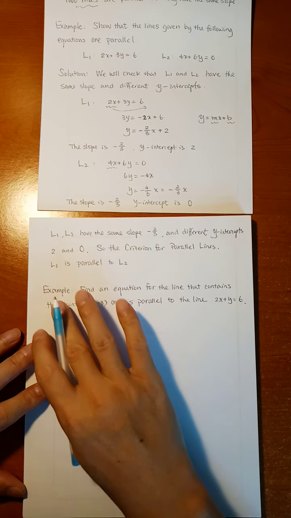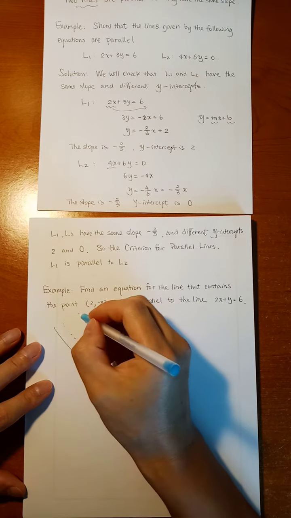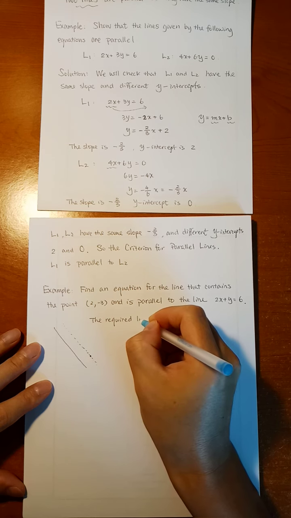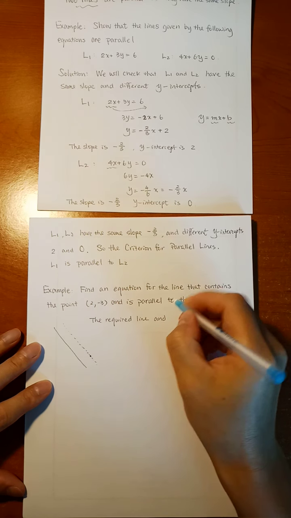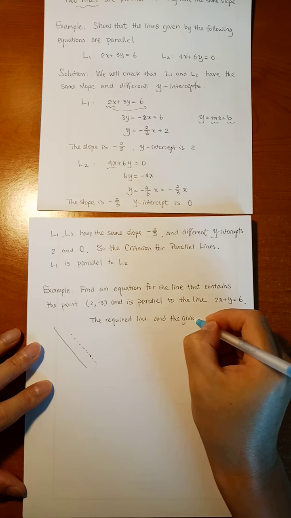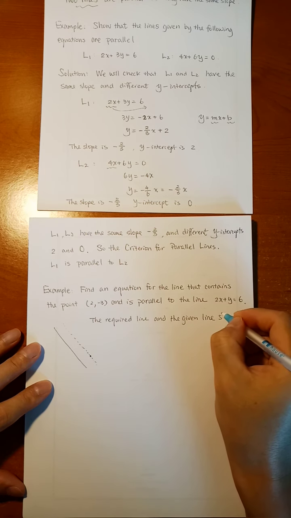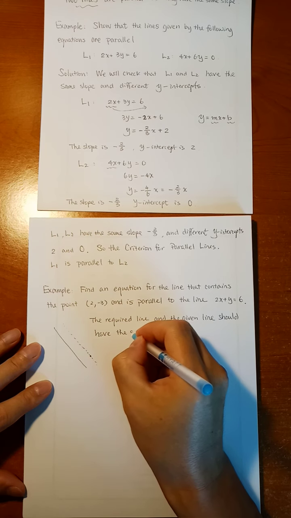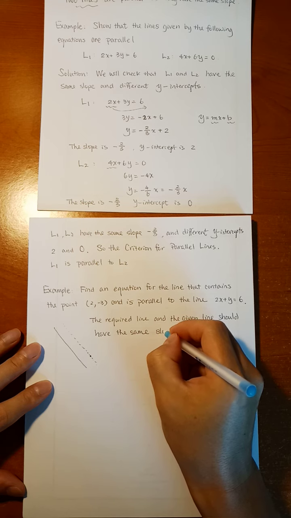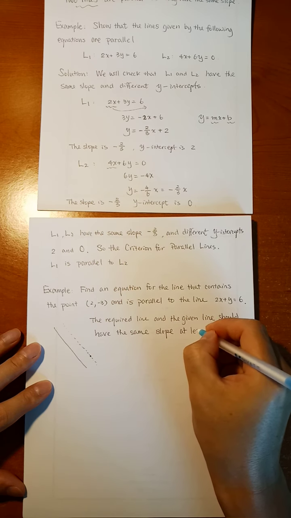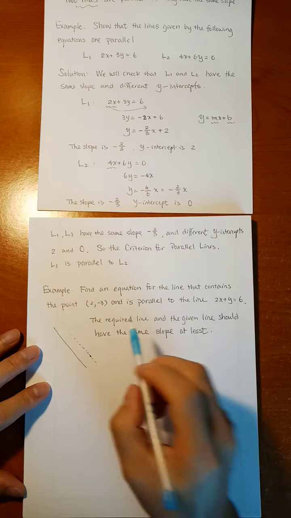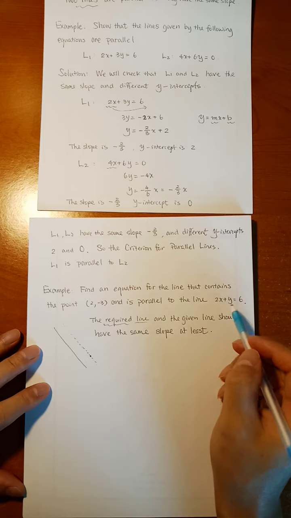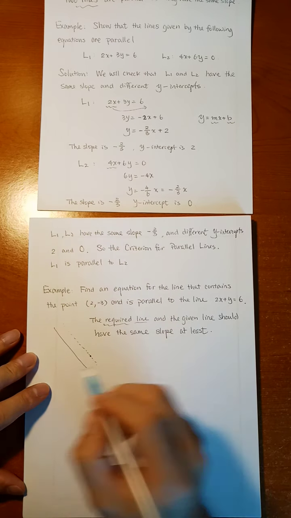Since we want to find two parallel lines, the required line and the given line should have the same slope. We don't know the slope of the required line, but we can compute the slope of the given line, which will be the slope of the required line.